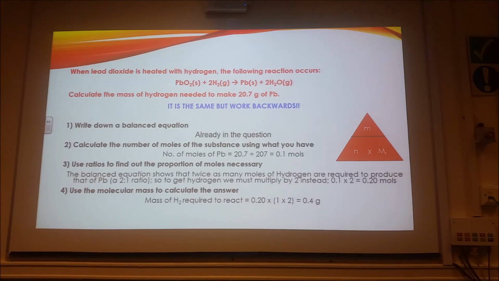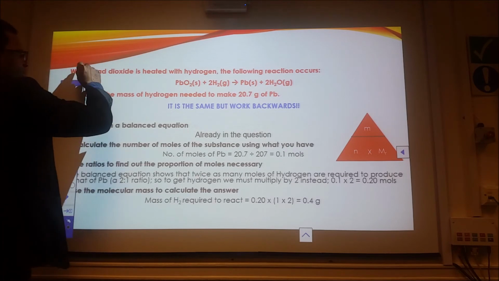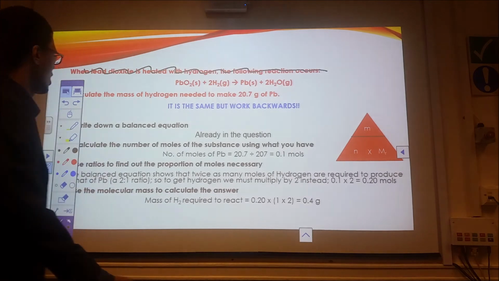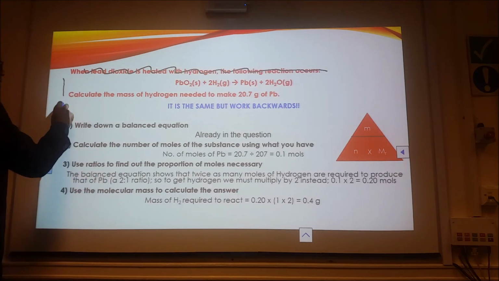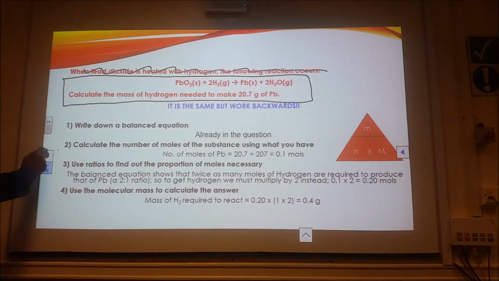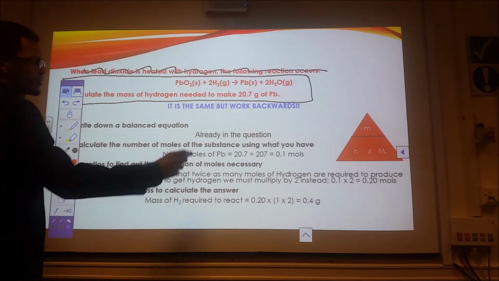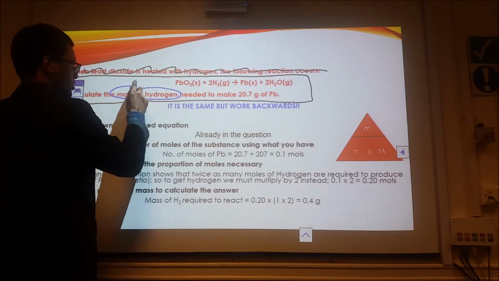Then calculate the number of moles of the substance using what we have. So what is important in this question? We should know that this is not relevant to the question. What's really important in the question is this. We should also know that we need to find the mass of hydrogen.